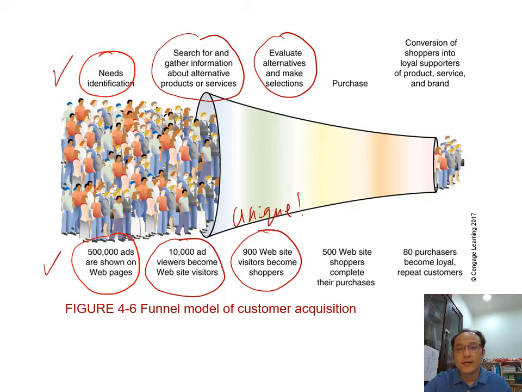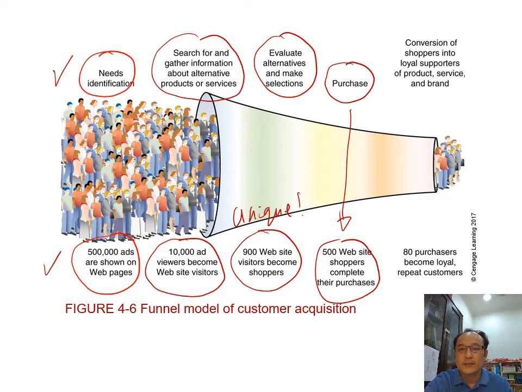This 900 might purchase. So 500 website shoppers complete their purchase. What does shopper mean? A shopper means an experienced buyer. As I mentioned, experienced buyers. These 500 might actually complete their purchases.